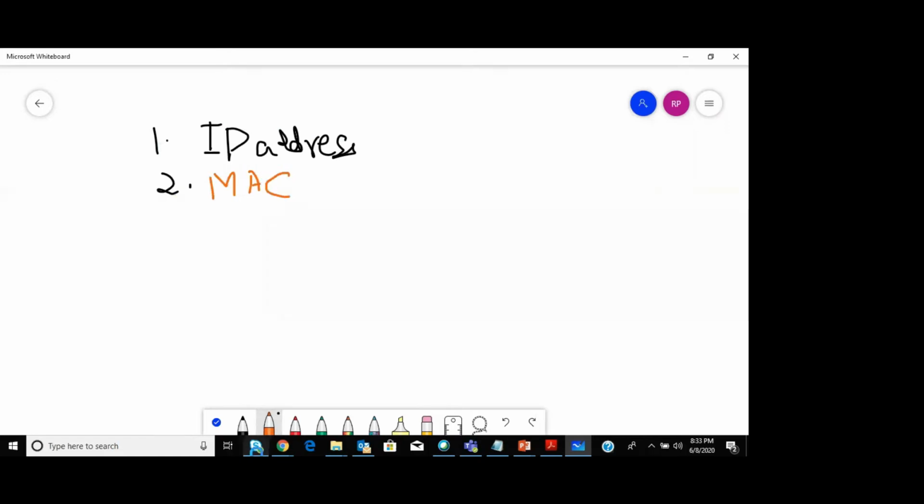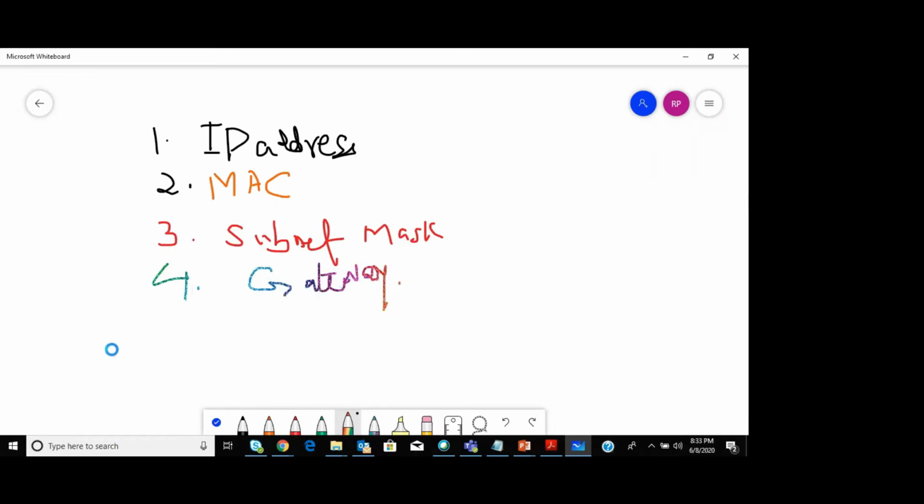Third, what is a subnet mask? Fourth, what is a gateway? And fifth, what is a host name?